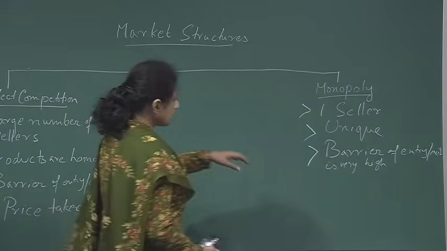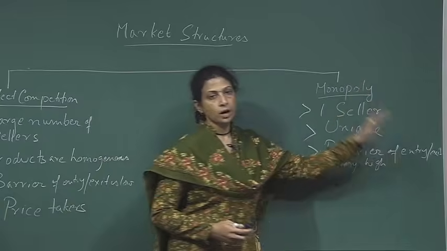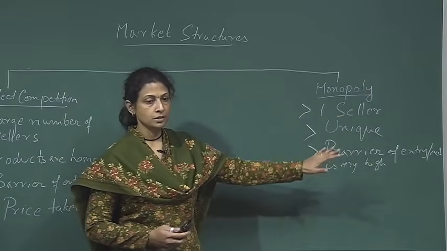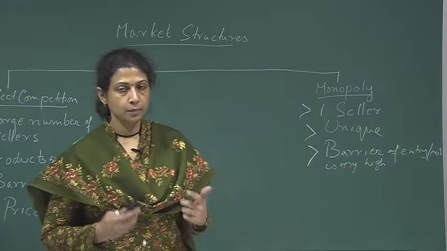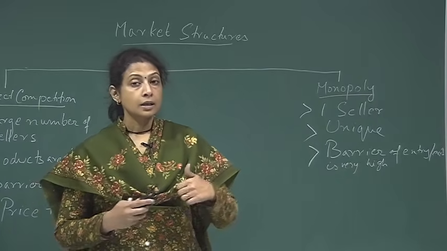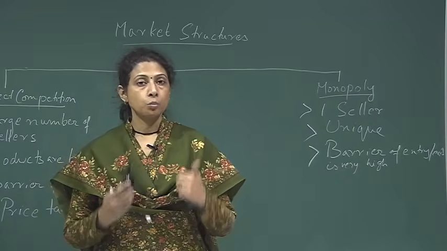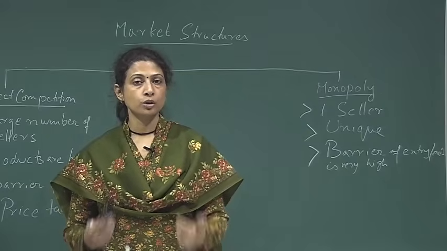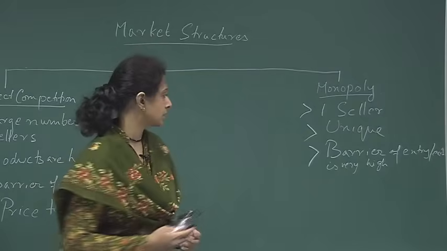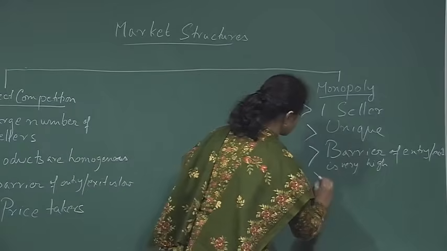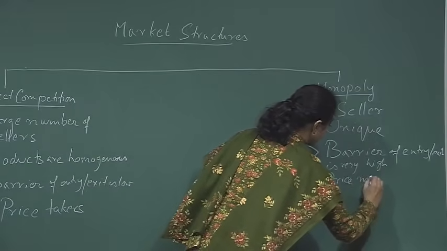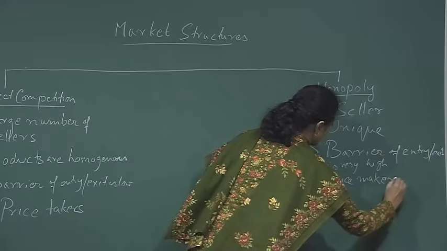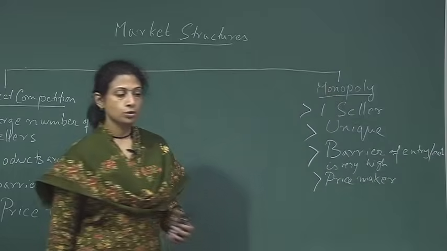All these three characteristics of the market determine that the market power of the individual seller is very high. Basically, the individual seller gets to decide at what price he is going to sell the product. So he is basically a price maker. He is not a price taker, but he is a price maker. So this is about monopoly.